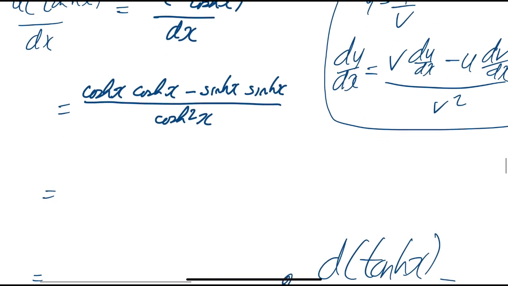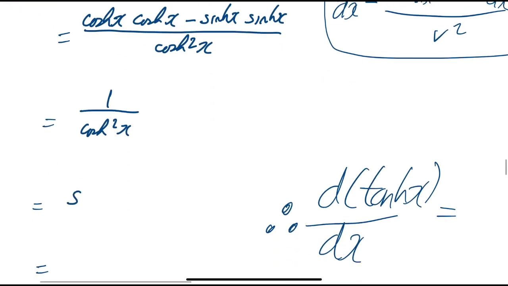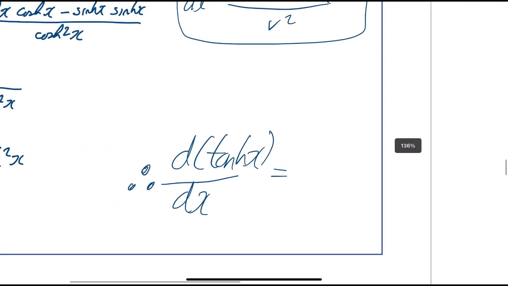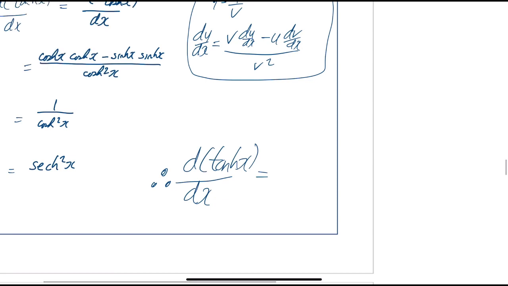And that top line is hyperbolic cos squared minus hyperbolic sine squared, which we know that identity now is 1. That's over hyperbolic cos squared, which is then equal to hyperbolic sec squared of x. Okay, so we have shown, very easy wee thing, if you differentiate hyperbolic tan, you get hyperbolic sec squared of x.